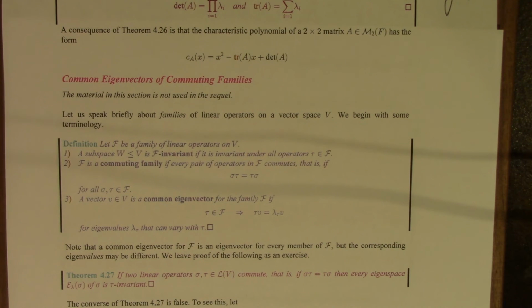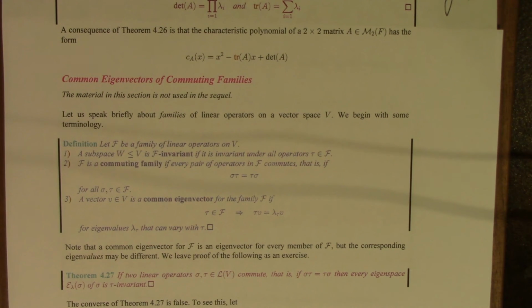It just stretches v or shrinks v either in the same direction as v or in the opposite direction. So tau is very well behaved on this one-dimensional tau invariant subspace.